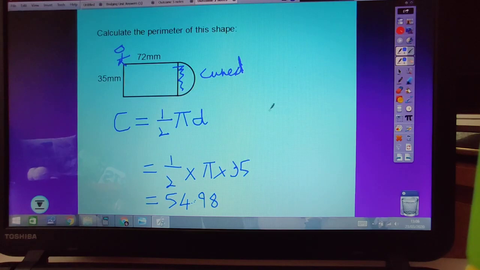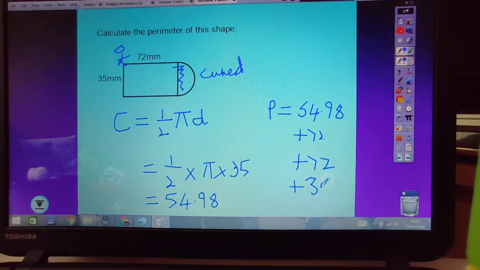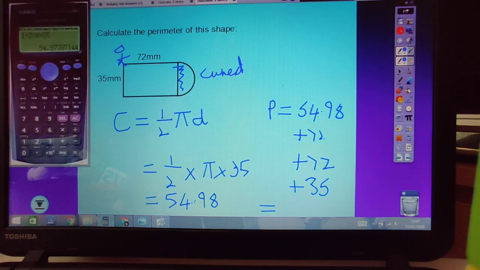The question though asks for the perimeter. The perimeter is that number that we've just worked out, the 54.98, plus the 72 across the top, plus the 72 across the bottom, plus the 35 up and down the way at the left. If we add all of that together, we'll work out the perimeter of this shape.